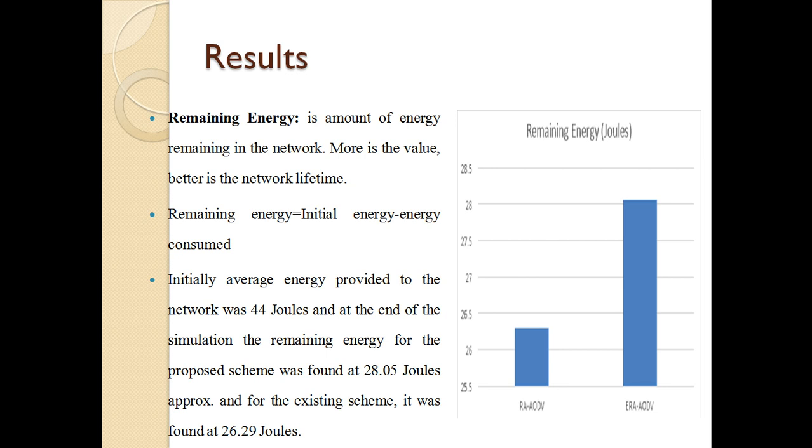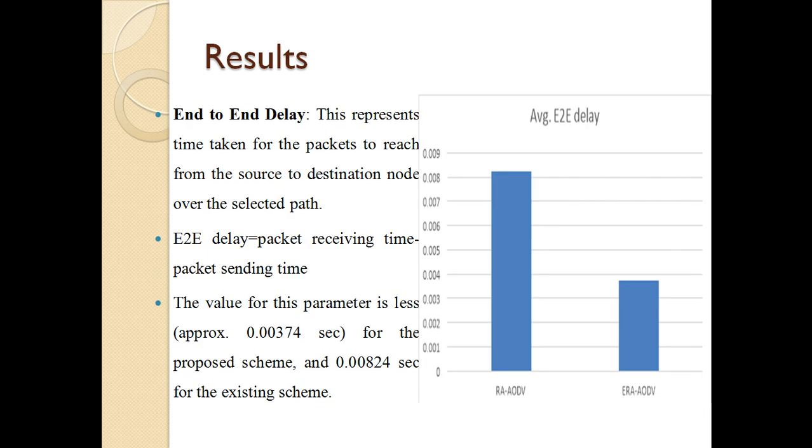On an average 44 joules of energy was provided to the network, and at the end of the simulation the remaining energy for the proposed scheme was found to be approximately 28.05 joules, and for the existing scheme it was 26.29 joules. So ours has done a better job.